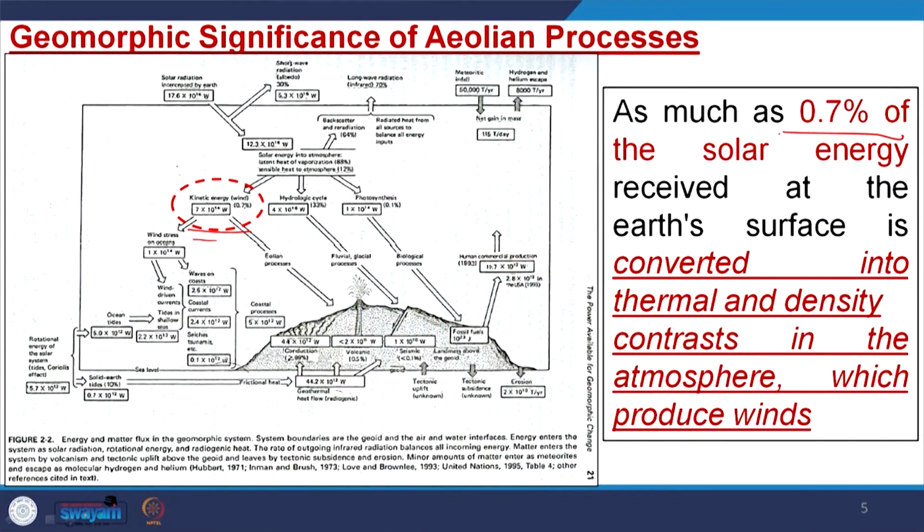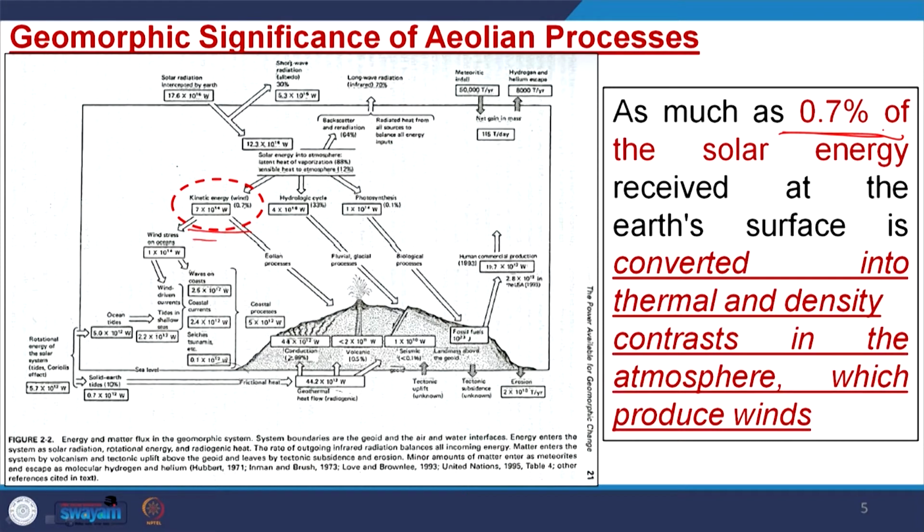So, if we consider it to be 100%, wind energy is 0.7% of the total solar energy absorbed. This 0.7% is very negligible as compared to the total energy system.